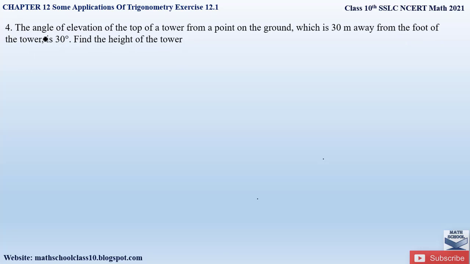So here they have given us the angle of elevation. What is the angle of elevation? Whenever there is a point or a person standing on the ground and observing an object by raising his head, the angle of elevation is formed. When you consider a point or a person, from his eyesight a horizontal line is drawn.